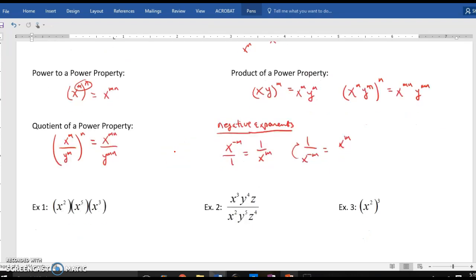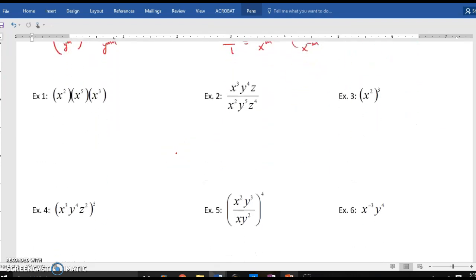Okay. So let's get to some examples using these properties. I'm going to state the property it's using. So here's the product property, right? If I look, I'm multiplying all the same bases, x, x, and x. So I write it as one single base x. And what am I going to do with the exponents? I am going to add them.